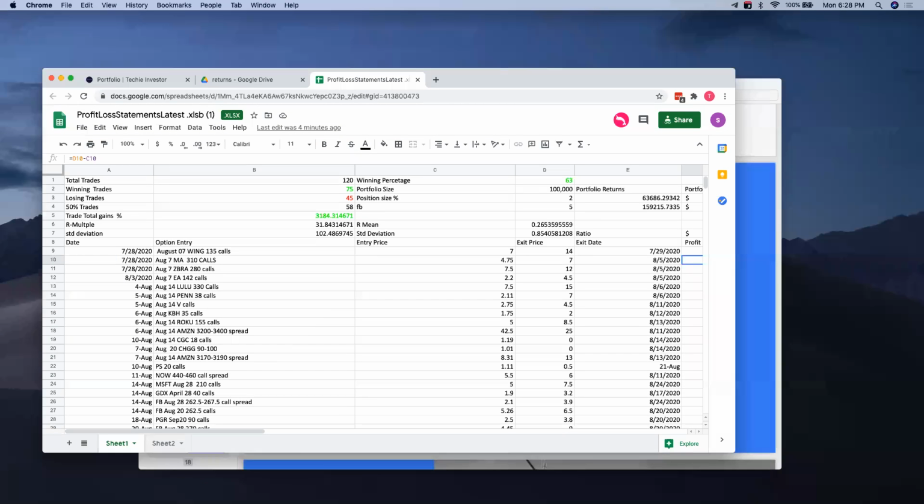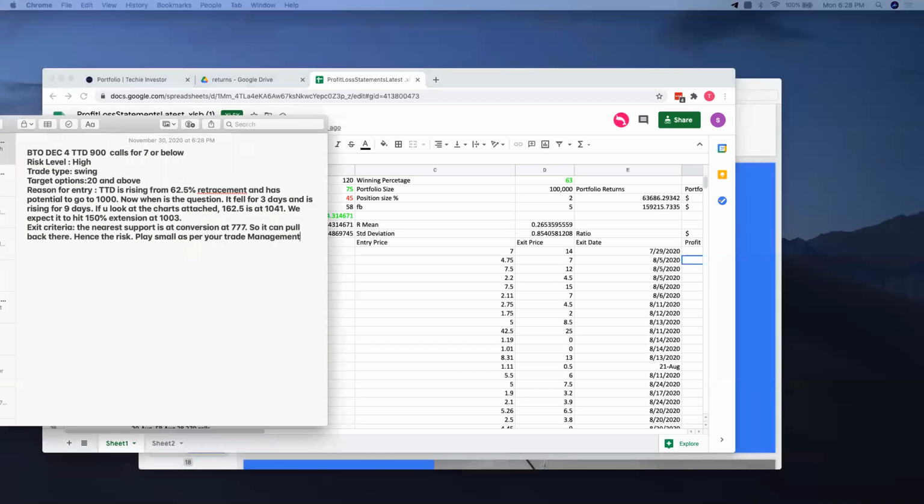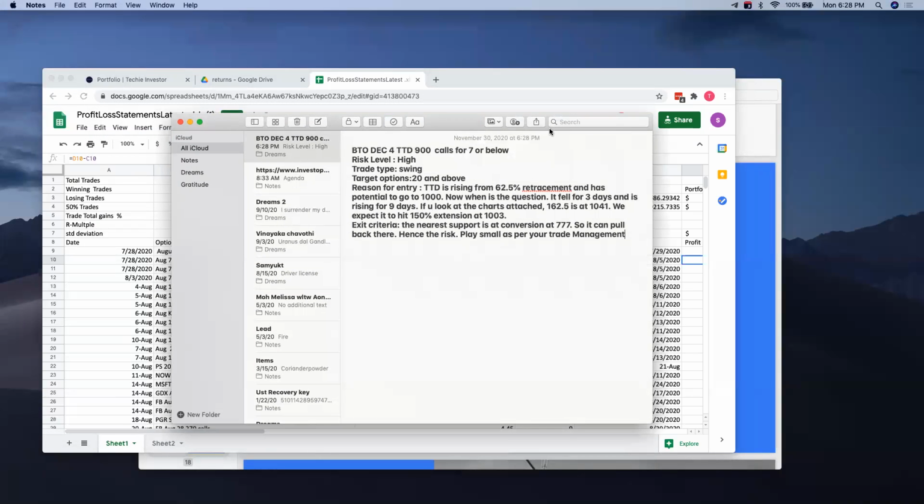Minimize this. Okay, are you able to see this? Yes. Okay, don't worry, I don't know how to do it, but I'm on a Mac.